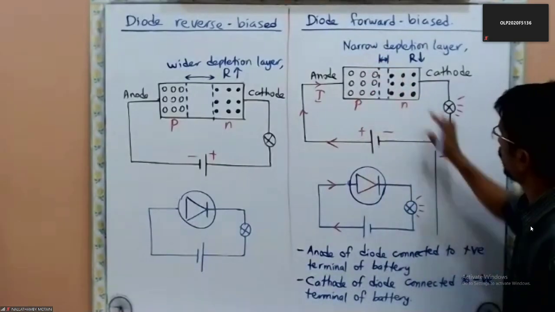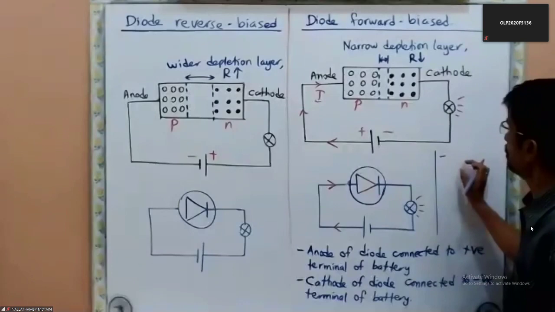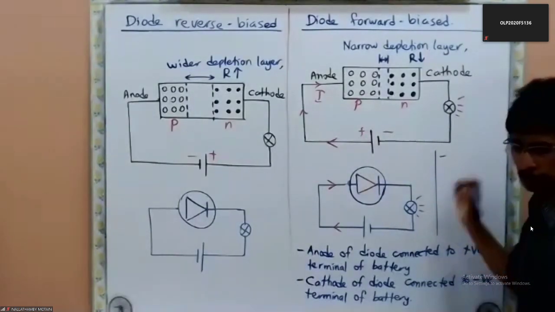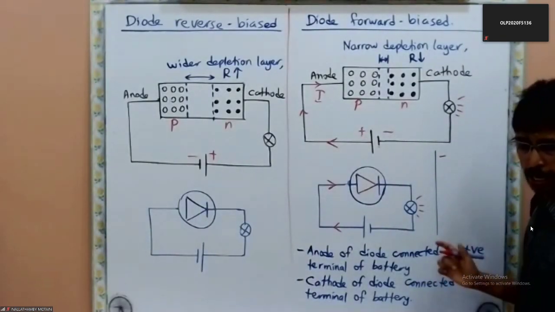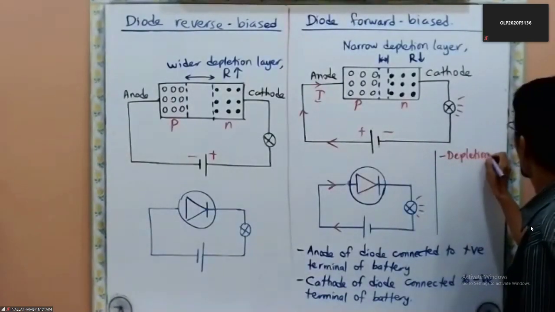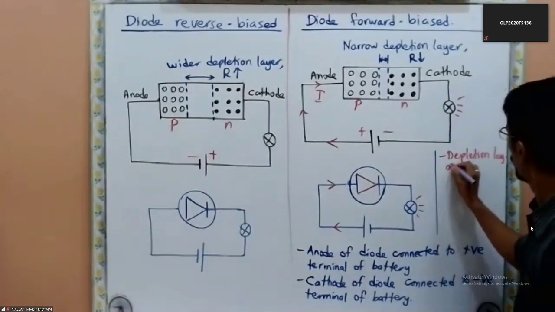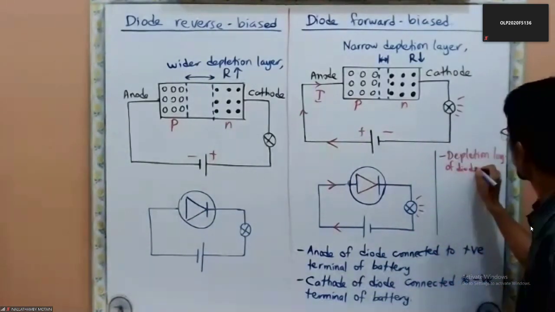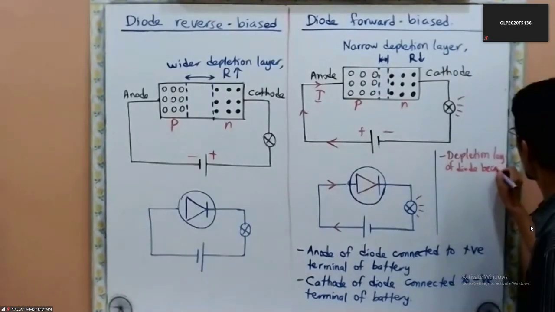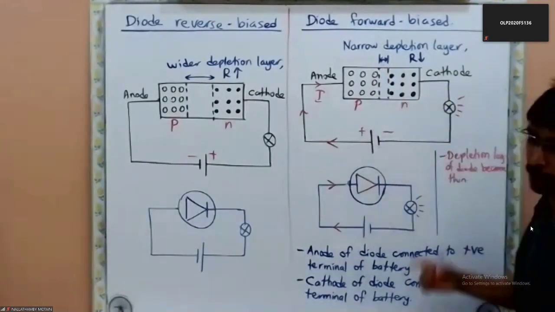Okay, the third one you write: depletion layer of diode becomes narrow or thin. Depletion layer, please write over here. Depletion layer of diode becomes thin or narrow or thinner.